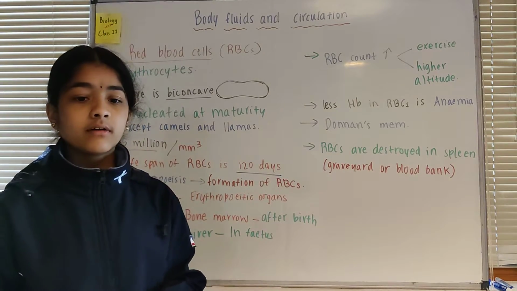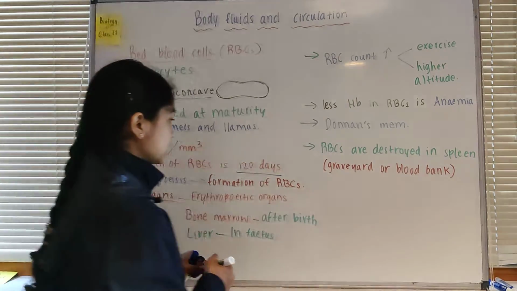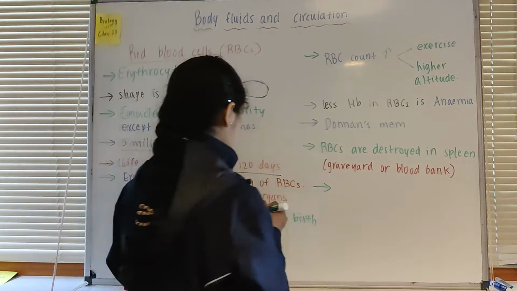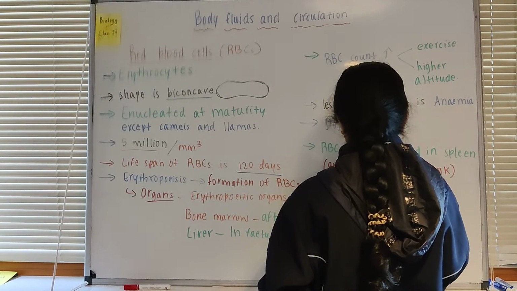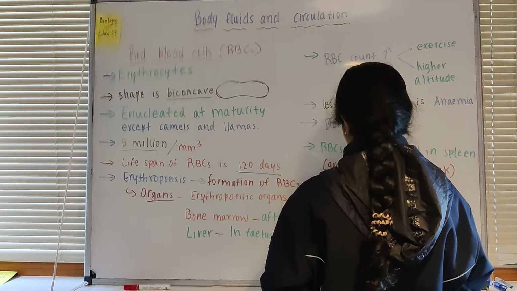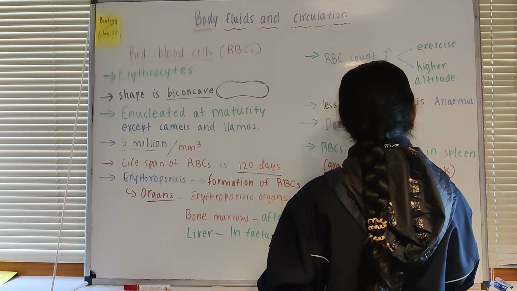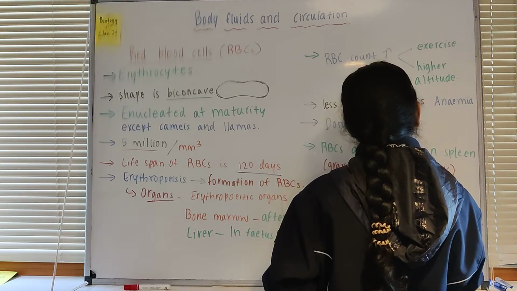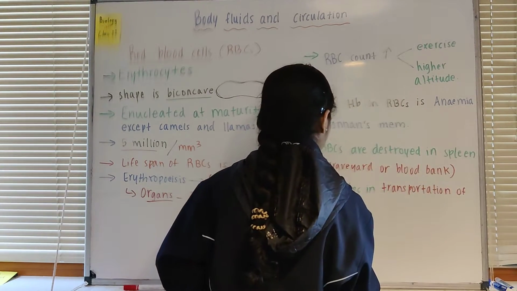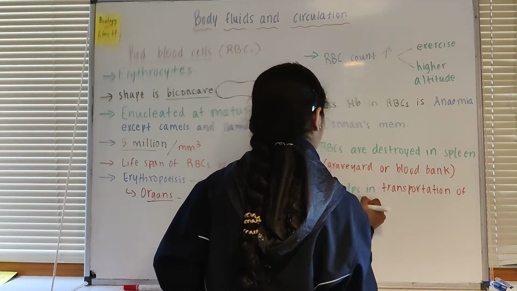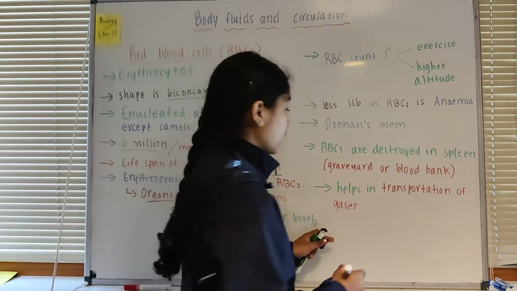Now, the function of these RBCs is to help in transportation of dissolved gases, or the oxygen and carbon dioxide.